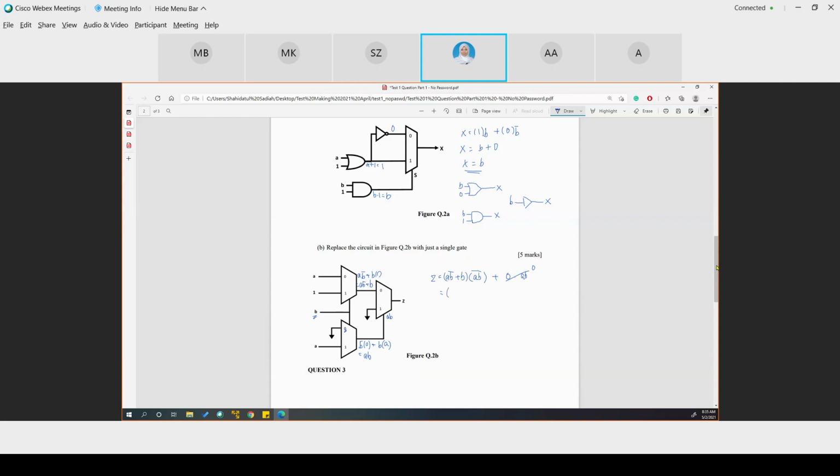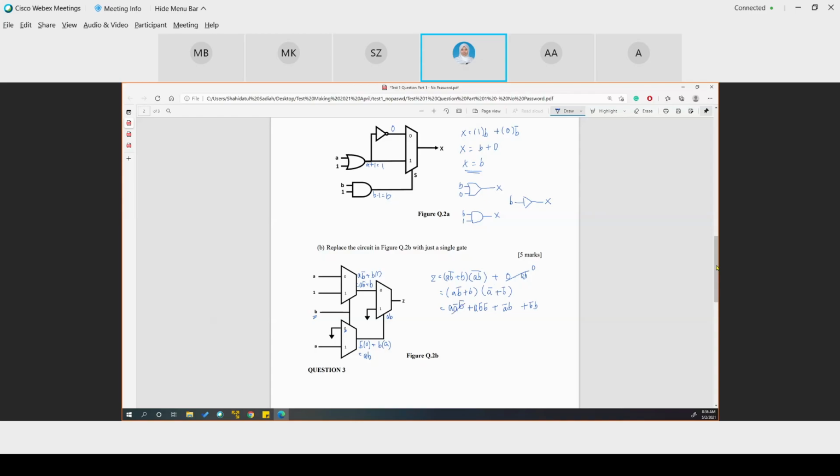So it's AB bar plus B, A bar plus B bar from De Morgan, and then you get A bar B bar plus AB bar plus A bar B plus B bar B, right?